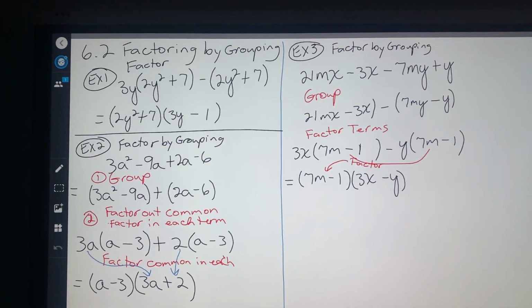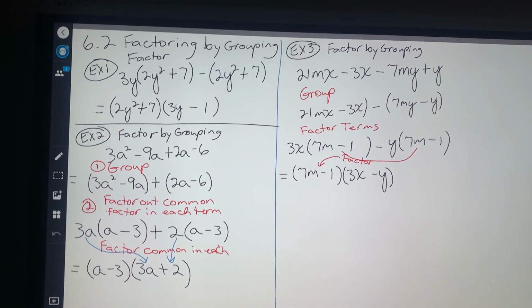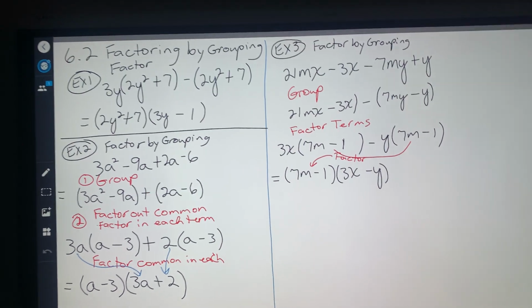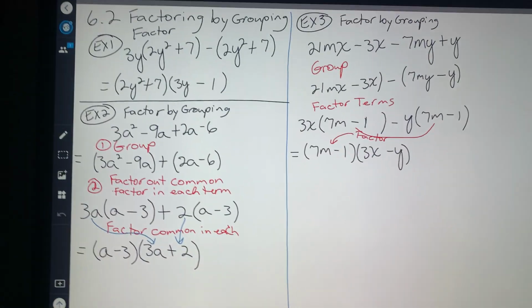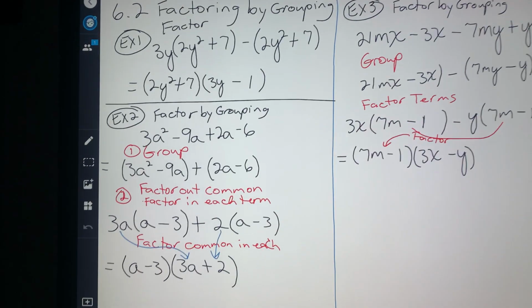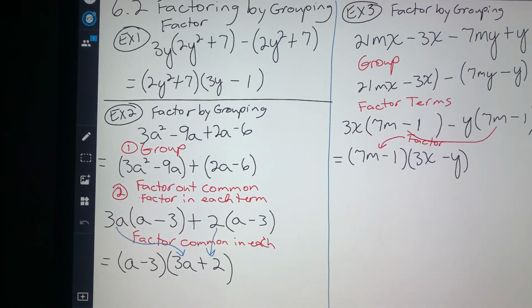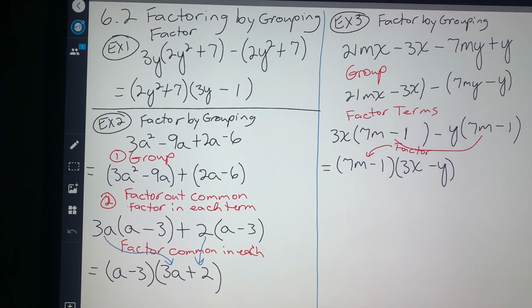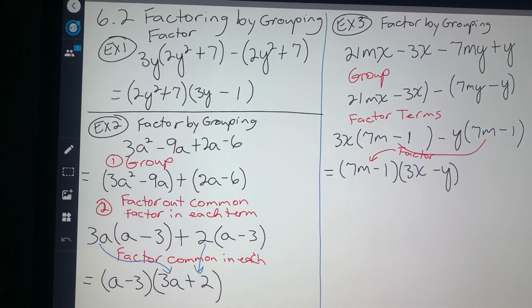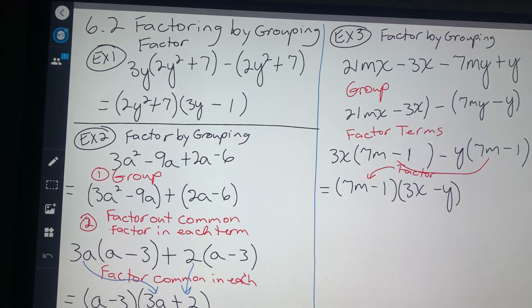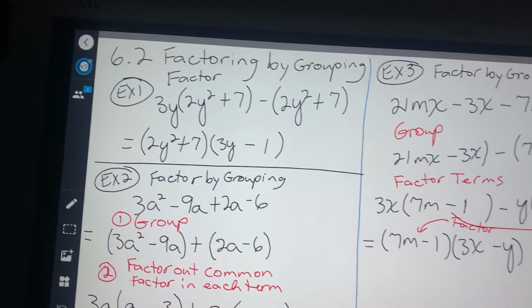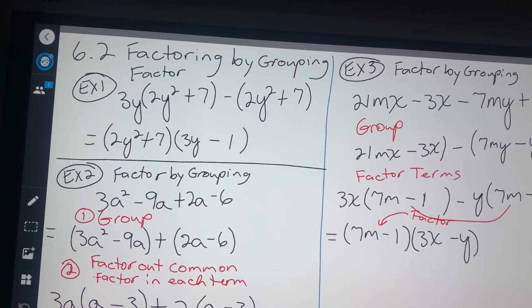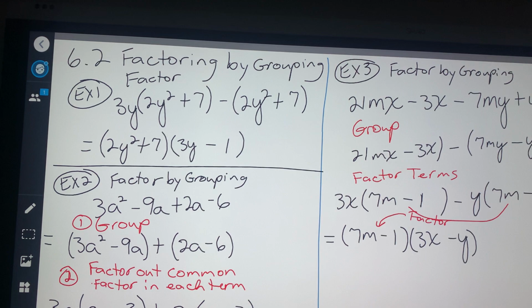And 6.2 carries on from the last example, factoring by grouping. Like we were looking at in that last example, we saw that the two terms had a common thing inside of the parentheses there. So just like this one here, we have 2y squared plus 7 that is common in both of the terms.